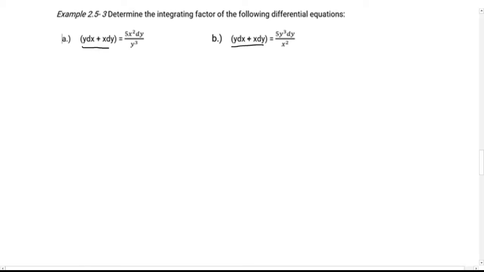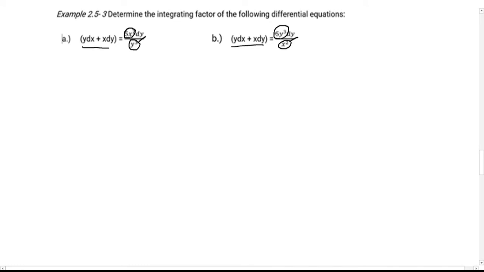Specifically, the left side is y dx plus x dy, and the right side contains dy terms. However, in the first equation, the variable x is numerator while the variable y is denominator. Conversely, in the second equation, the variable x is denominator while the variable y is numerator.